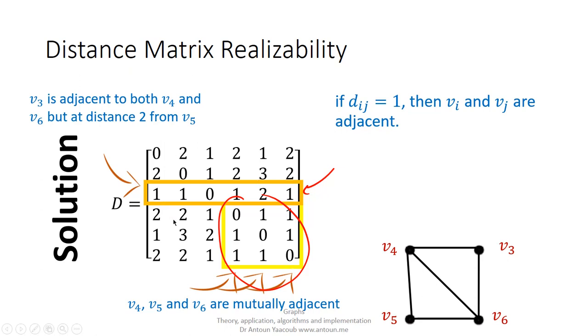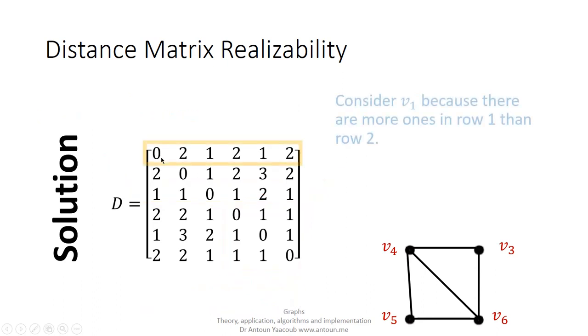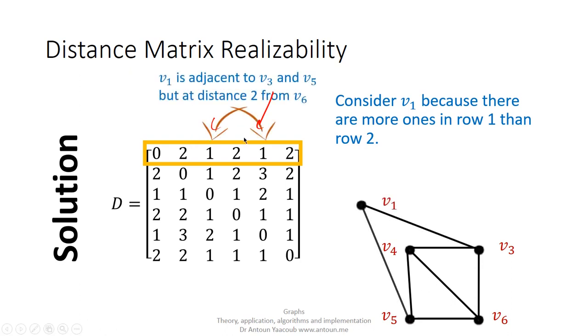Now I need to place also V1 and V2. If I consider V1, as you can see, there are more ones in row 1 than in row 2, because it's easier to identify those vertices. So I know that V1 is adjacent to both V3 and V6, and then I can verify all the other properties.